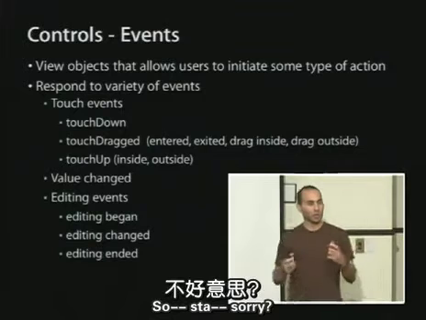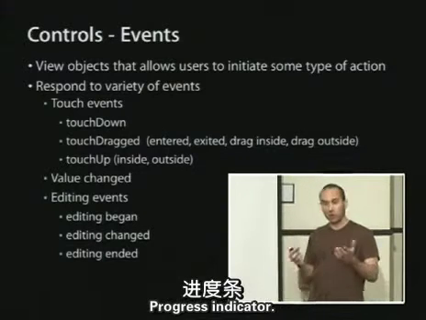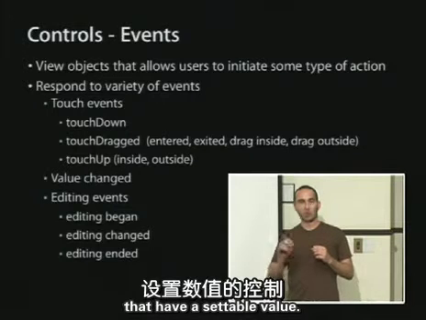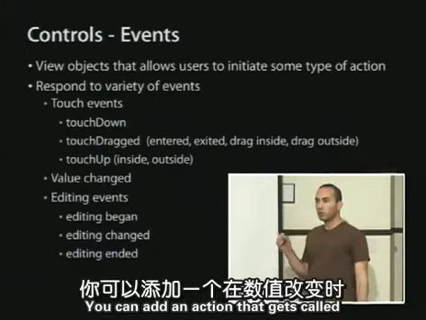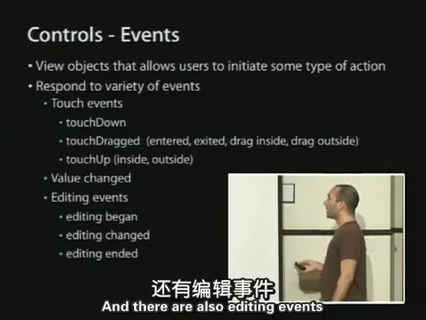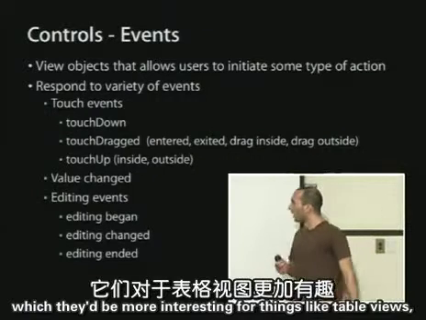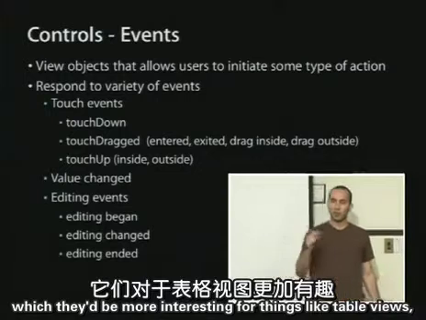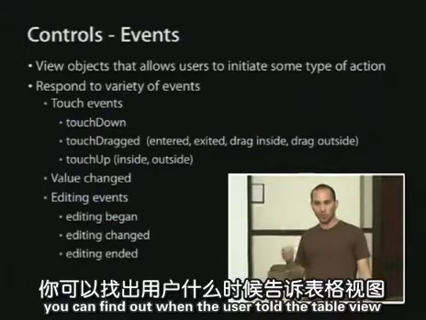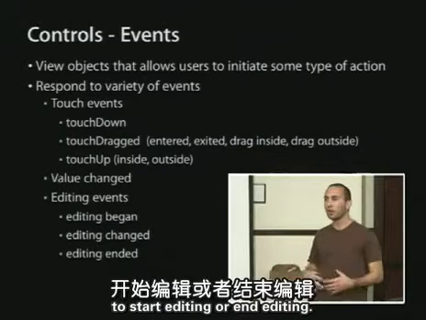And a progress indicator. So these are controls that have a settable value. You can add an action that gets called when that value gets changed. And there's also editing events, which may be more interesting for things like table views. You can find out when the user told the table view to start editing or end editing.